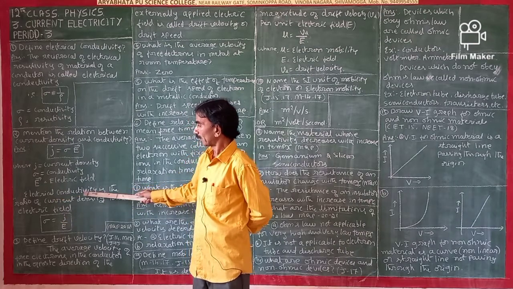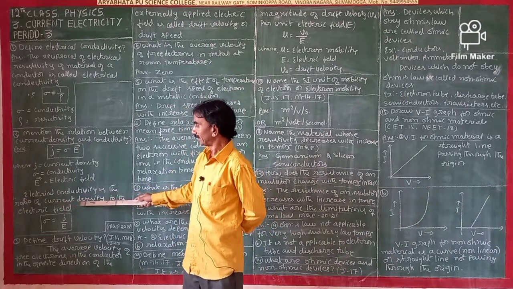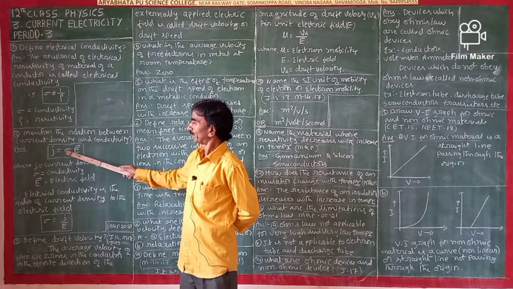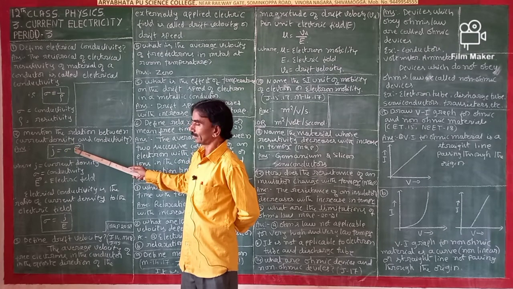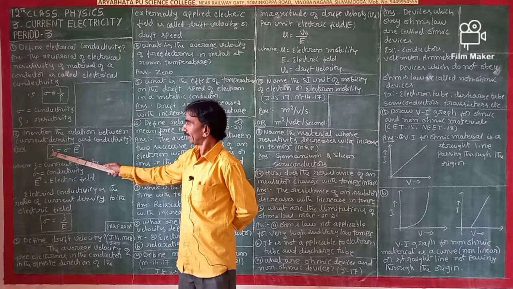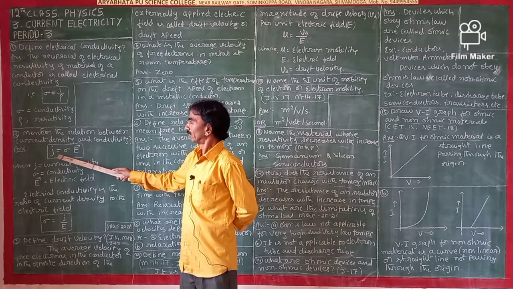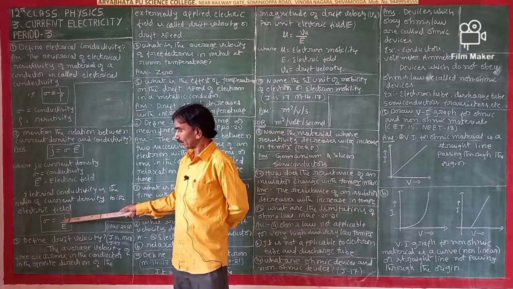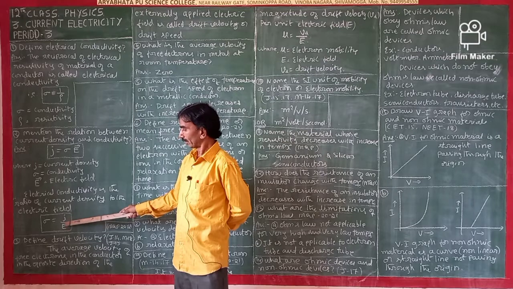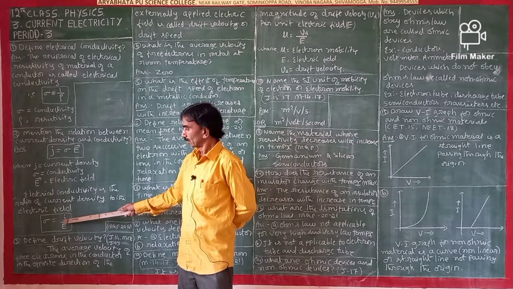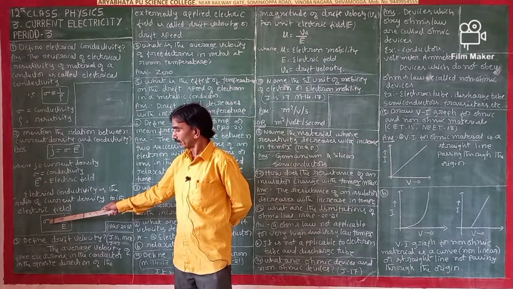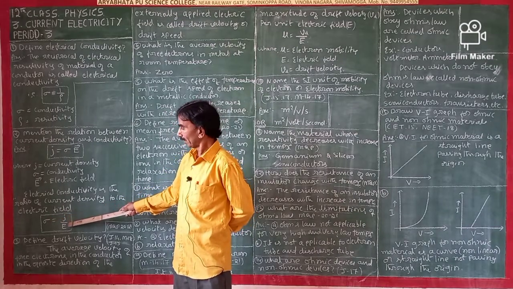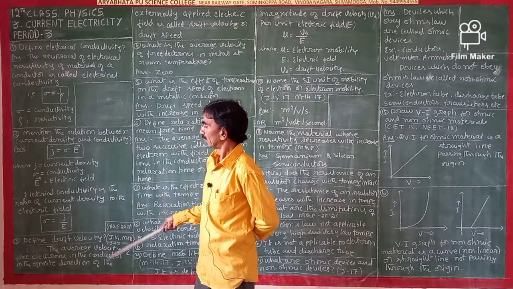You see here, keep sigma as it is and transfer E to the other side, so sigma is equal to J divided by E. It is the ratio of current density to the electric field. Conductivity is the ratio of current density to the electric field.